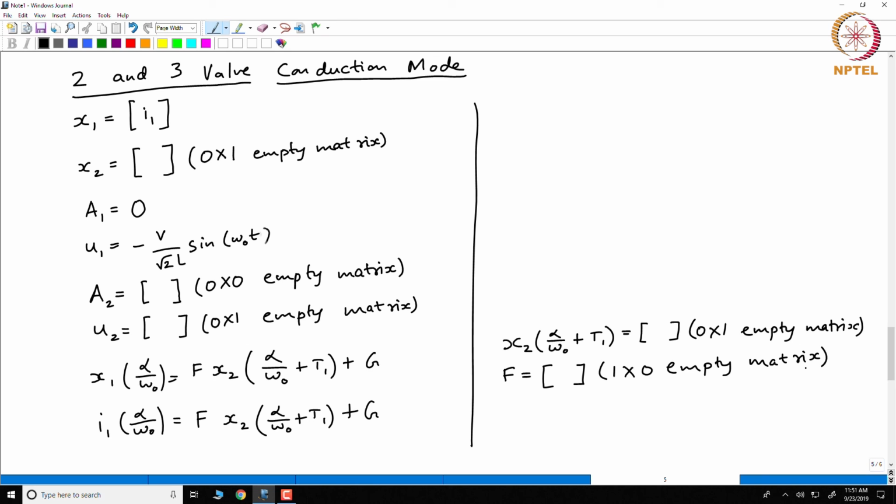It's 1 cross 1, and by definition it's 0. So I1 at alpha by omega is just G. So what is G? X1 at alpha by omega O. What is that? ID.